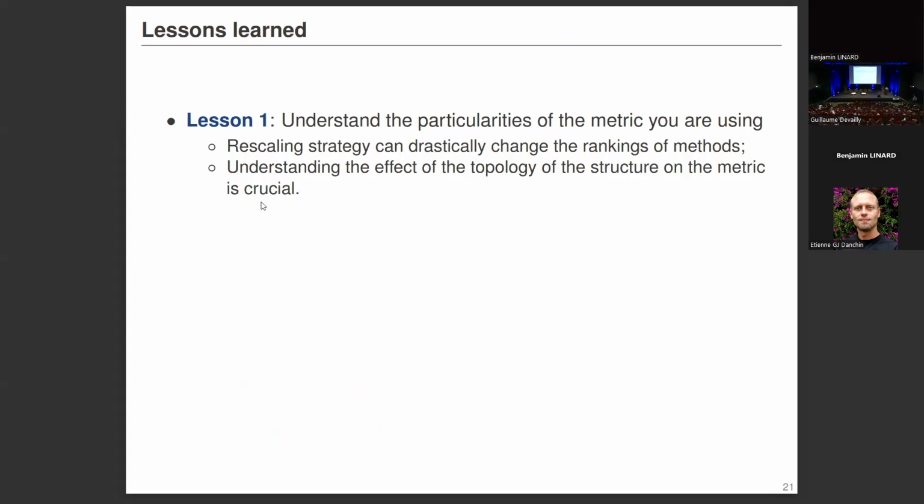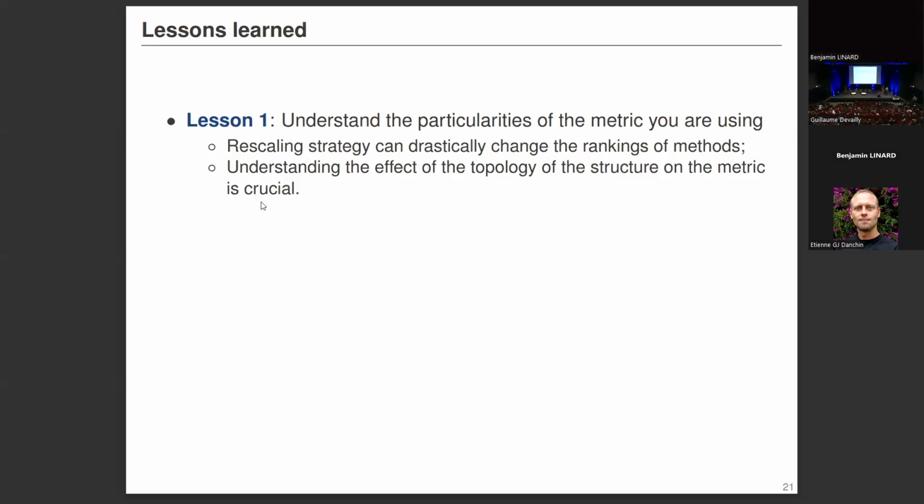I'm showing an example here on 3D structure modeling, but if you do a supervised learning technique, it's exactly the same thing. If you have a very imbalanced problem, don't use accuracy, because 98% accuracy when you have 98% negative labels doesn't mean anything, right? So we really need to think about the particularity of the metric that we are using.